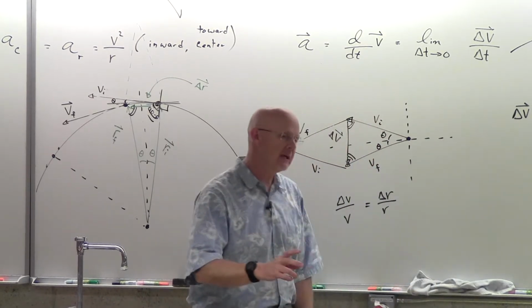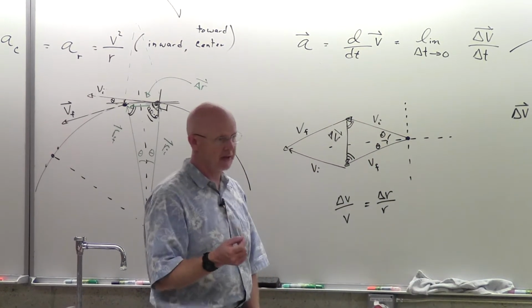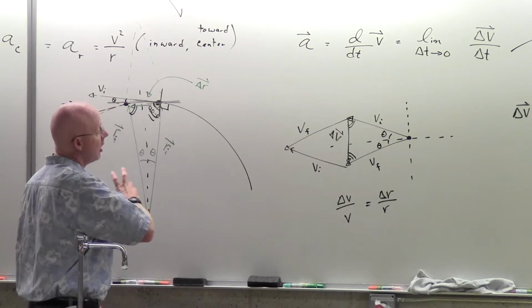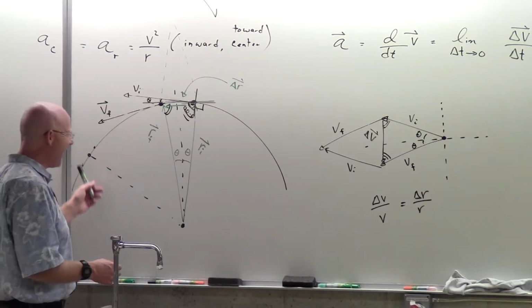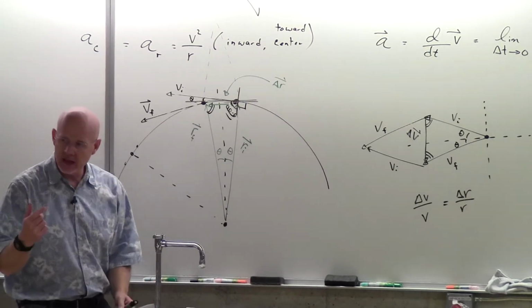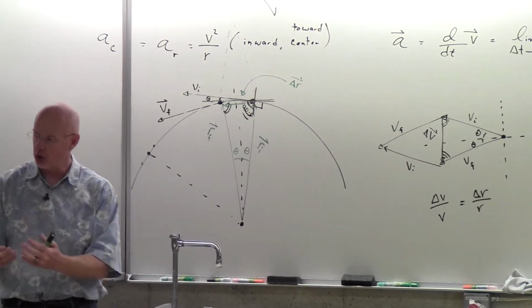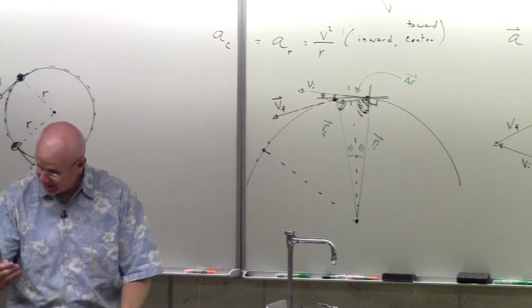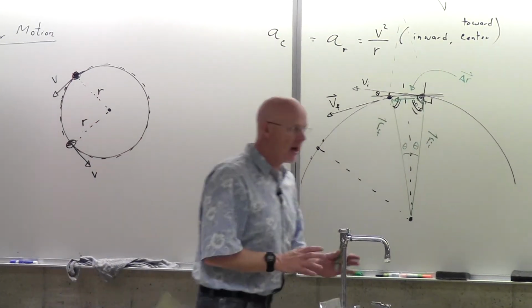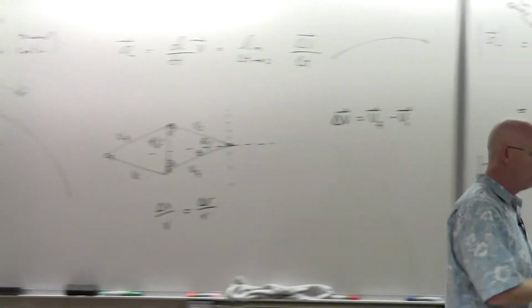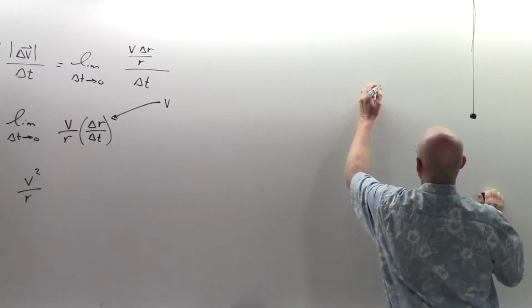Now, let's add one more step to this. Notice that all of this discussion implied an object moving in a circle at the same speed. So what I've done so far would look something like this in a picture.